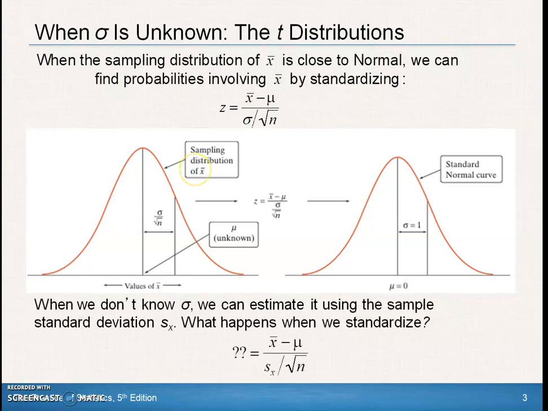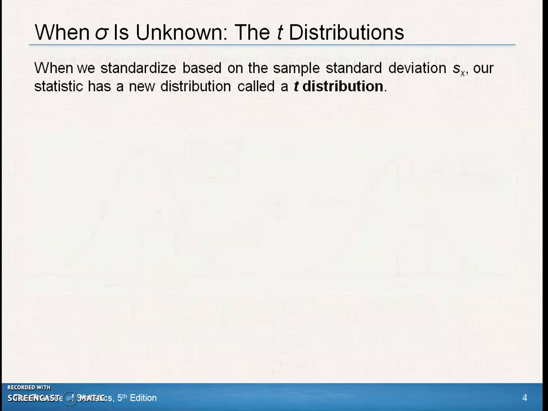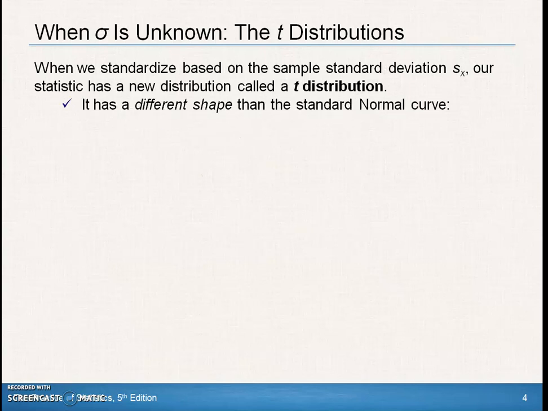When we don't know sigma, and we usually don't know sigma, we can estimate it using the sample standard deviation, S sub x. What happens when we standardize? Well, that means that we need to use the t-distribution.